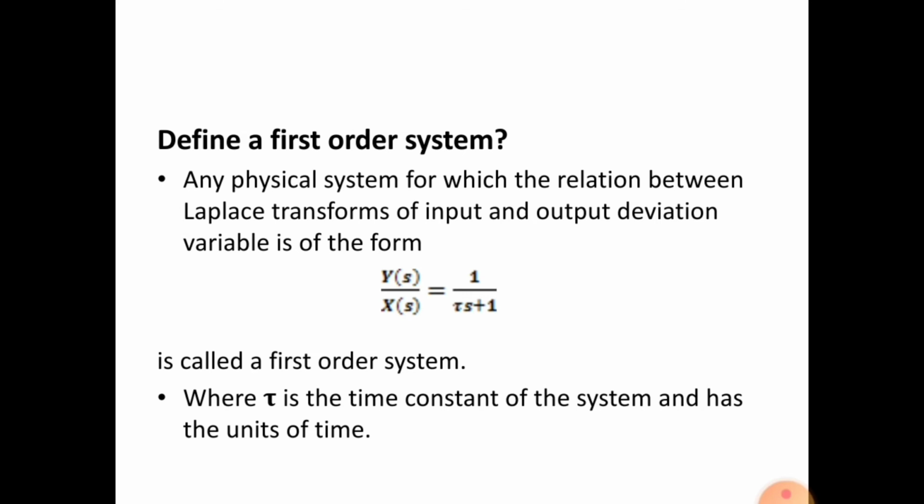So any system which obeys Y of s by X of s equals 1 by tau s plus 1 is called a first order system. Any physical system for which the relation between the Laplace transform of input and output deviation variables is of the form Y of s by X of s equals 1 by tau s plus 1 is called a first order system. Here tau is the time constant.